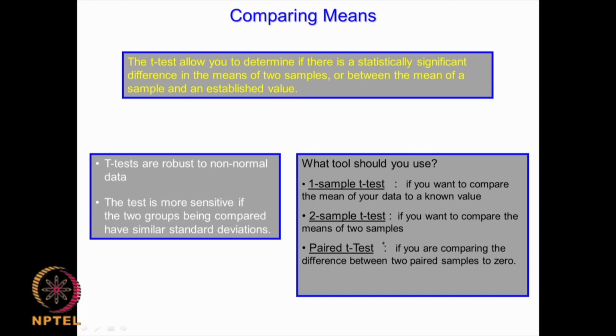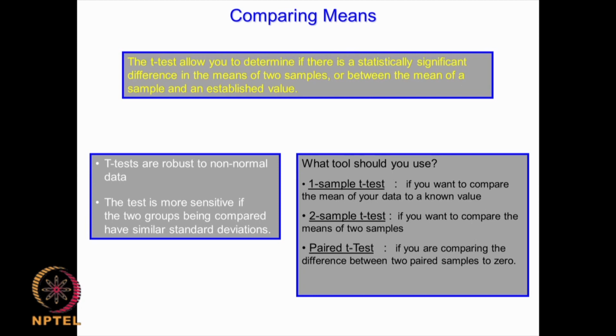Paired t-test. If you are pairing 2 sets of data, then the expected difference in result should be 0. For example, I take 10 cats, test drug A on the 10 cats, and look at the outcome. Then on the same 10 cats I give drug B and look at the outcome.